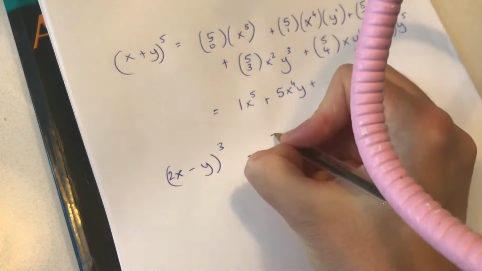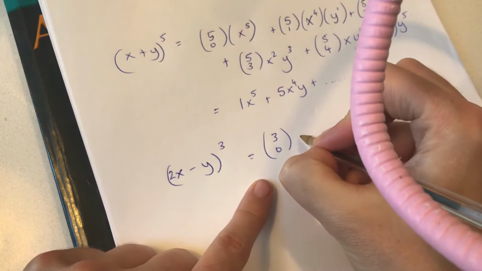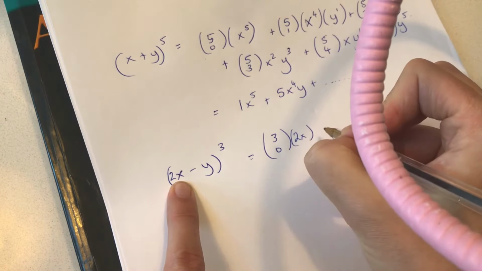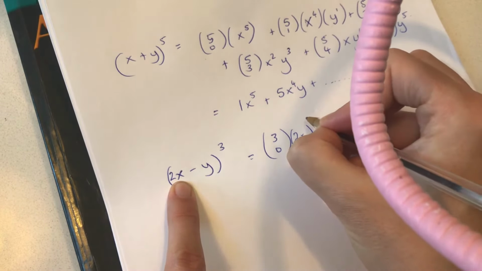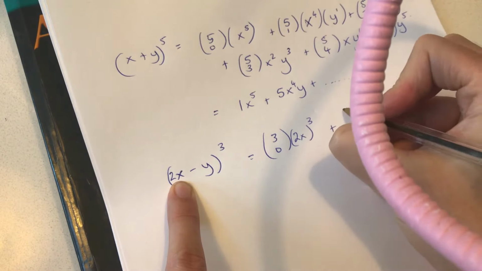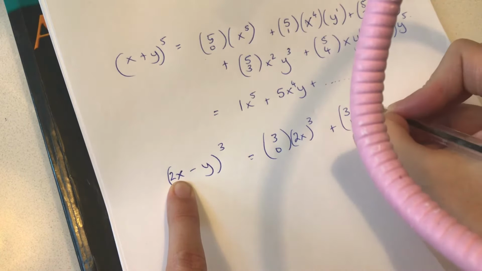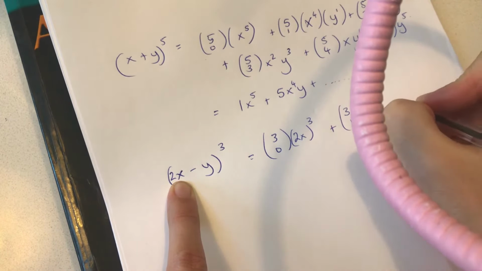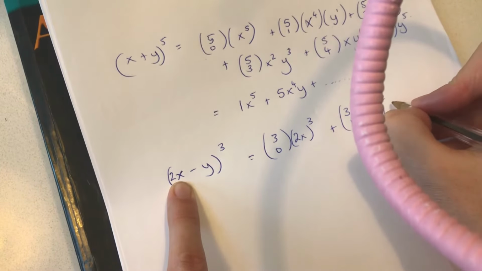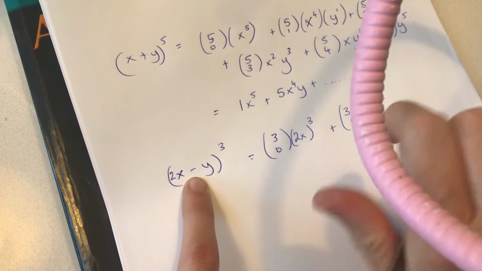It's a 3. 3 choose 0, and we have the first one to the power of n, plus 3 choose 1. Then we have the first one to a power going down 1, and then the second one, which is a minus y.